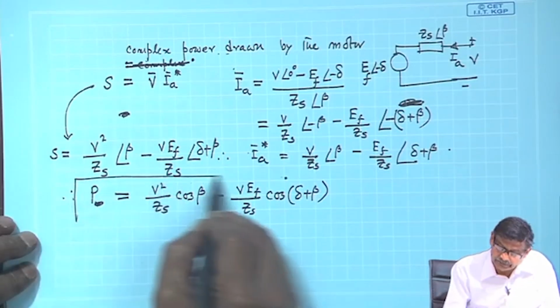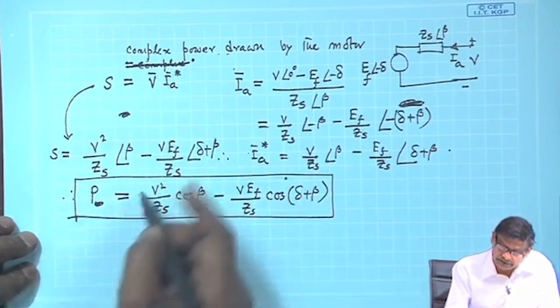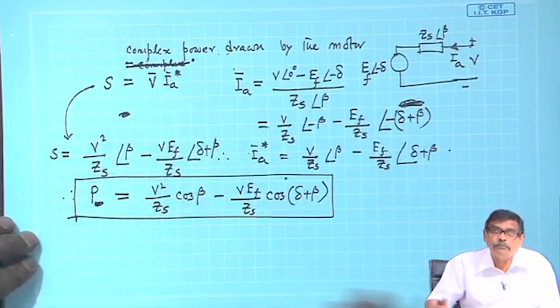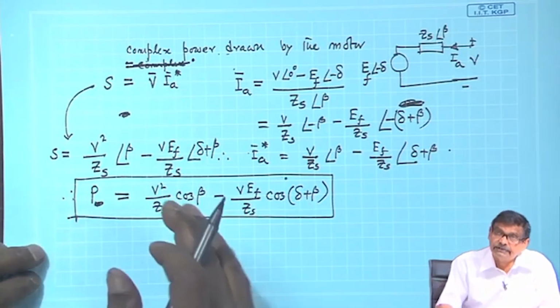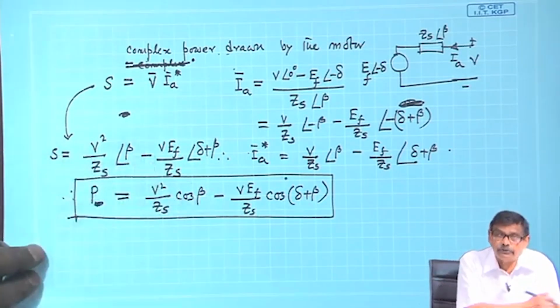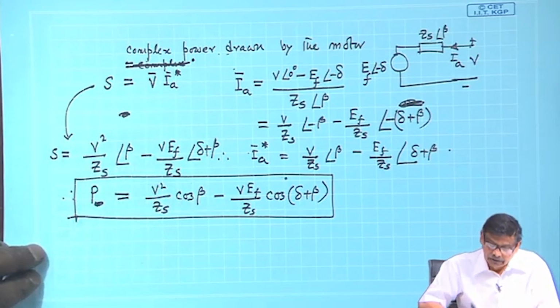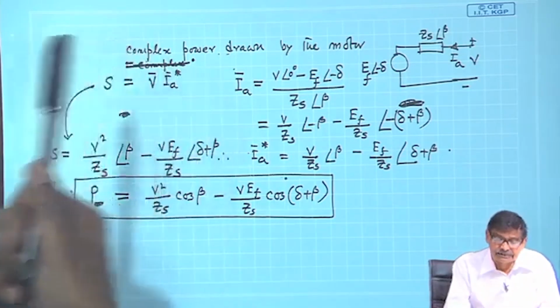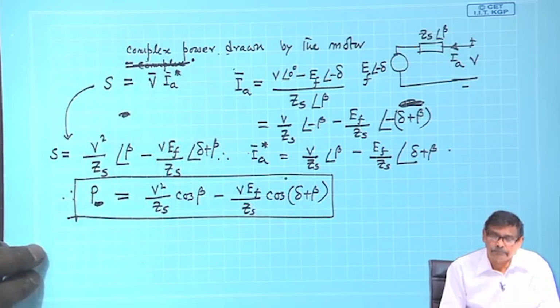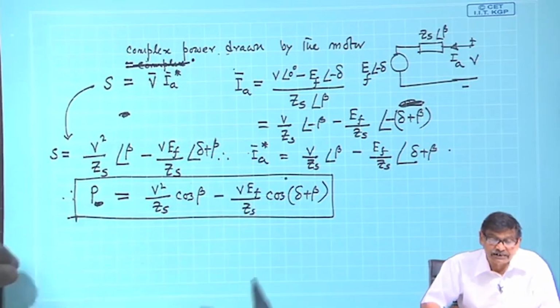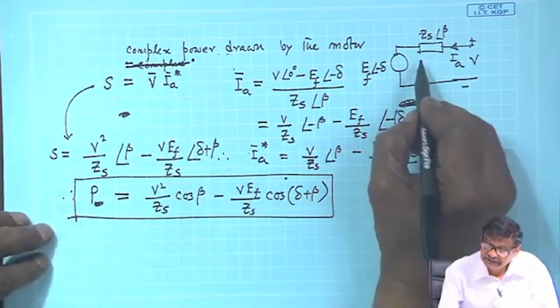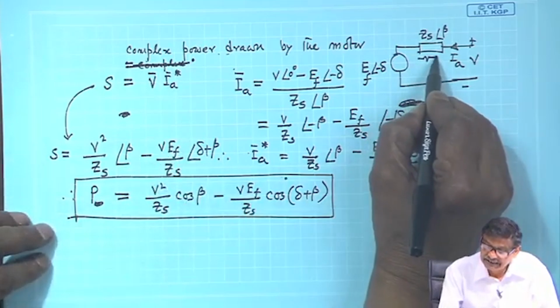This is the expression for the real part, that is how many kilowatts it is drawing, and that is the work which it will do on the motor, of course after subtracting the stator armature loss. This is R A and Z s.